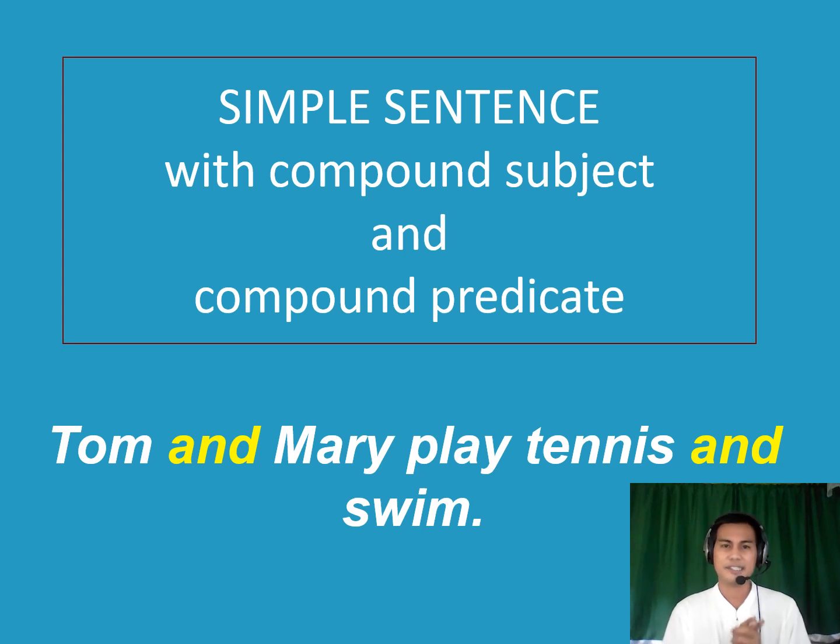Now this one, simple sentence with compound subject and compound predicate. We have here Tom and Mary. How many? One or two? There are two, so that's compound subject. How many actions do they do? They play tennis and swim. So that's a compound predicate.